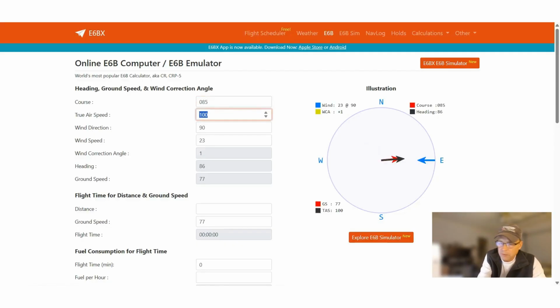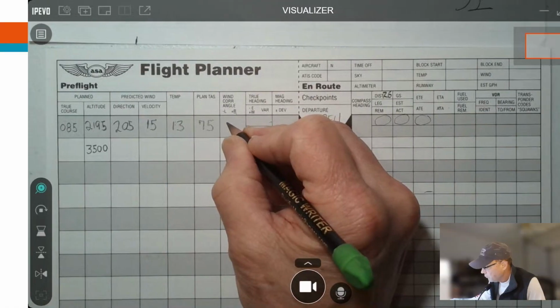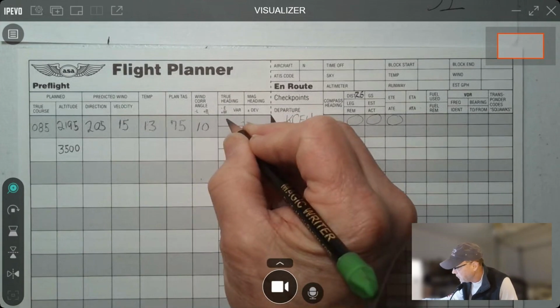Our true airspeed, which we just found, which was 75. Our average wind direction, which is 205. Average wind speed, which is 15. And here we get a wind correction angle of 10, a heading of 95, and a ground speed of 81. Record that information in your nav log.